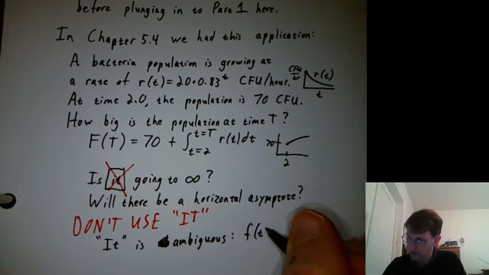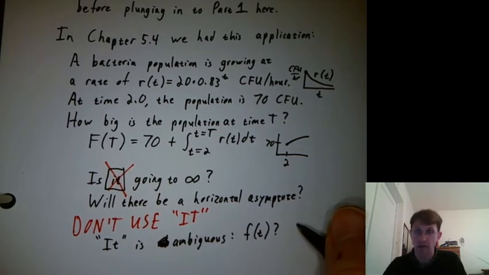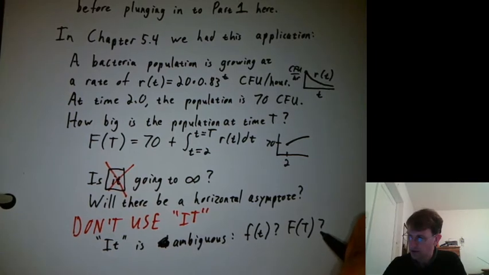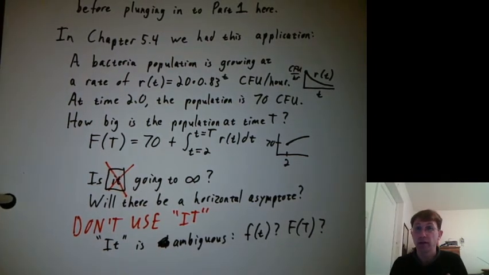Are we talking about the original function, like the integrand? Are we talking about the integrated function? So you should be very clear when you're saying something is going to 0, something is going to infinity, what that something is. Are you talking about the integrand or the integrated function, the antiderivative? So that's our first big warning.